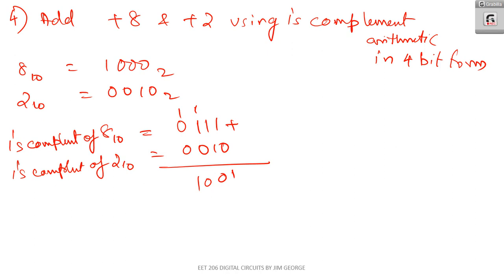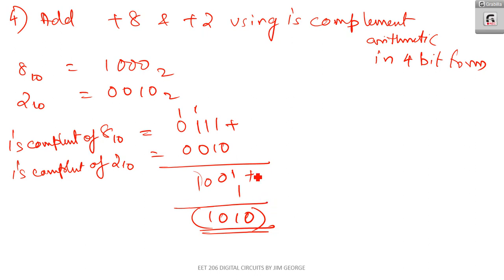Now if you are having two positive numbers, how will you convert it into a decimal number? You add 1. Okay. So that will be the final answer. Since the MSB is 1, you can add that MSB here.